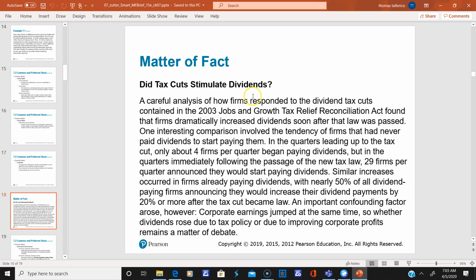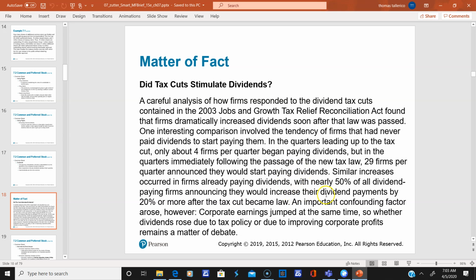Okay, so you can read this, a matter of fact here, and this went back to the 2003 Jobs and Growth Tax Relief Reconciliation Act. I believe this was under Bill Clinton, or was it? No, this was under George Bush. And the question was, did tax cuts stimulate dividends?